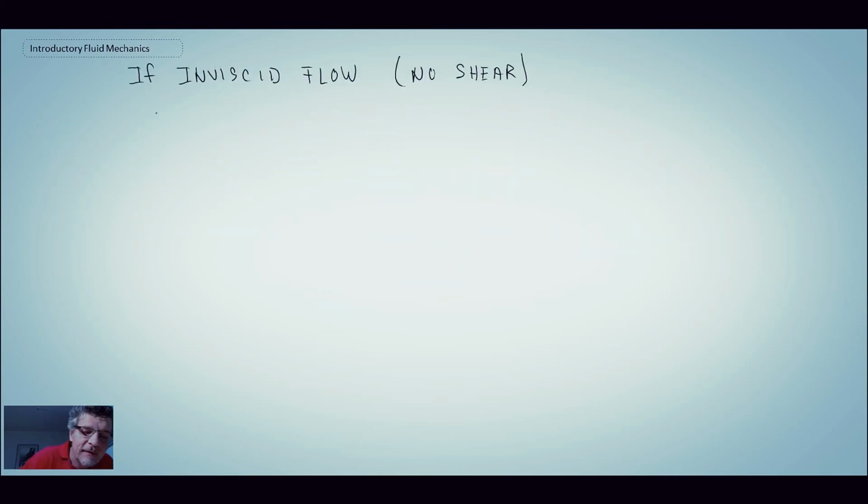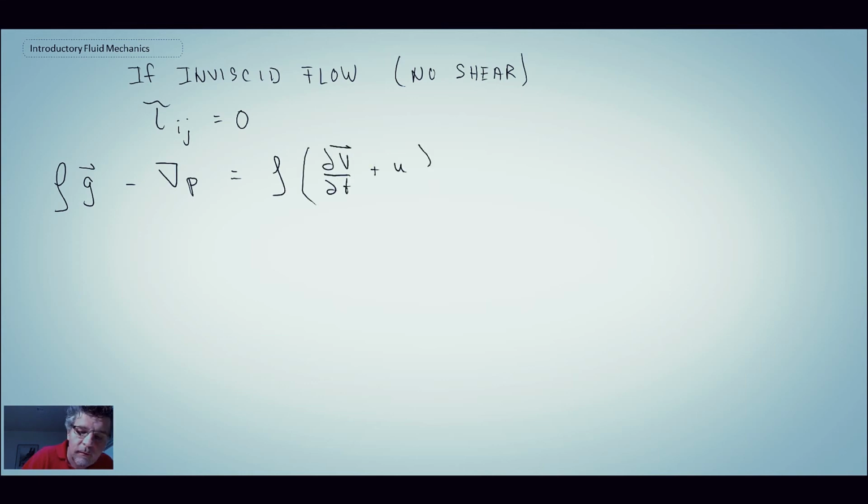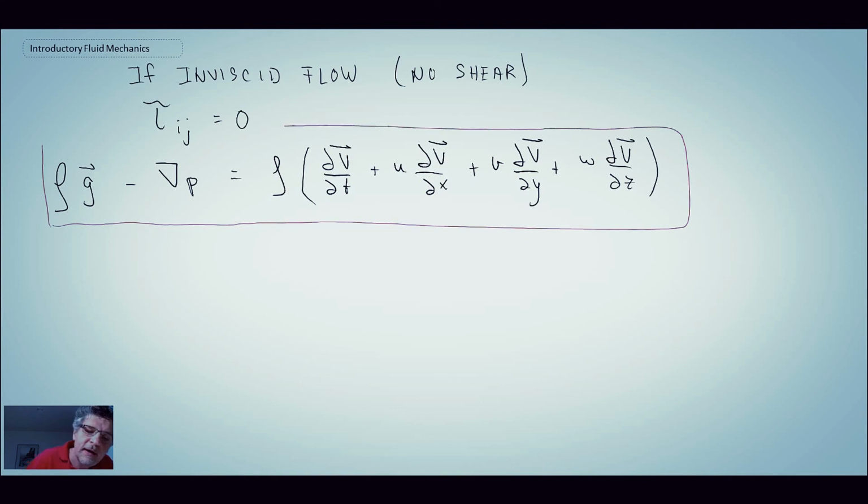So if you have that, you can say tau ij is equal to 0, and then this is the equation written in vector form. So that looks a lot simpler than the one that we just had with all of the taus.